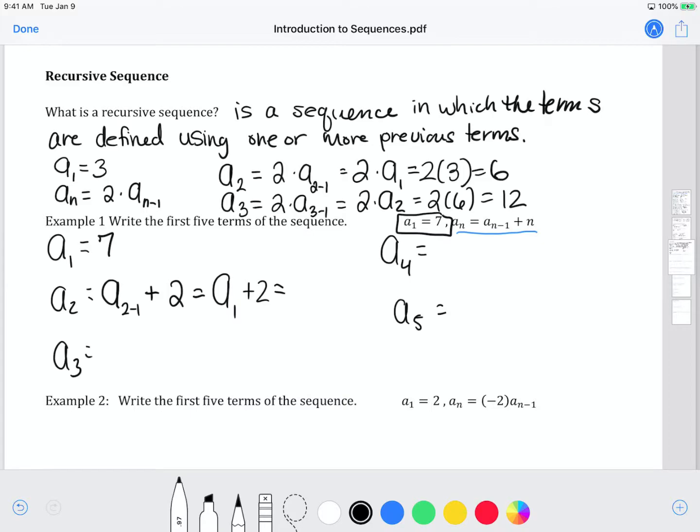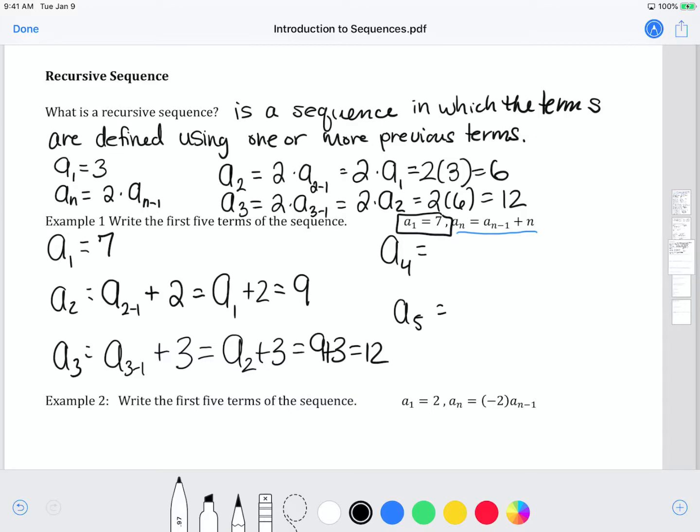So I'm going to take 7 and 2, and I'm going to get 9. For A3, I'm going to plug in 3 for n. So I have A, 3 minus 1, plus n, which is 3. 3 minus 1 is 2, so I'm going to take A2 plus 3. Well, A2 we just found was 9, so I'm going to take 9 plus 3, and that's going to give me 12.